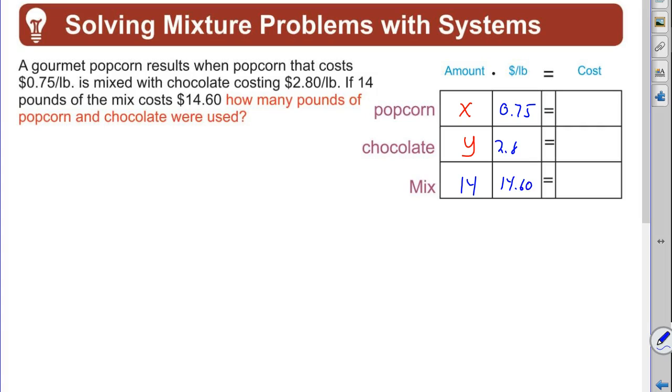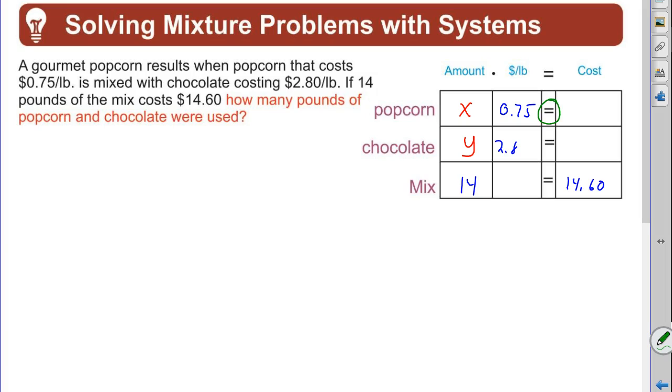And again, I could have just put 14.6. Okay, cost. And I just looked at that and said, wait a minute. The total cost of the mix is $14.60. Okay.